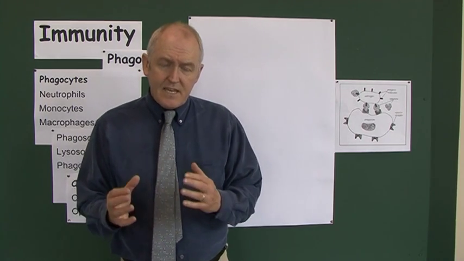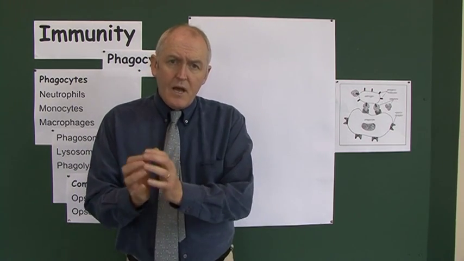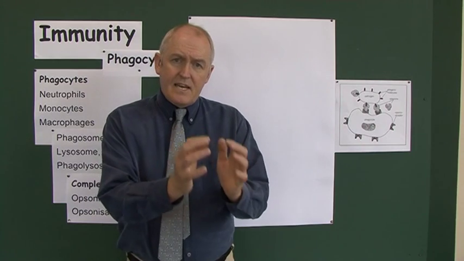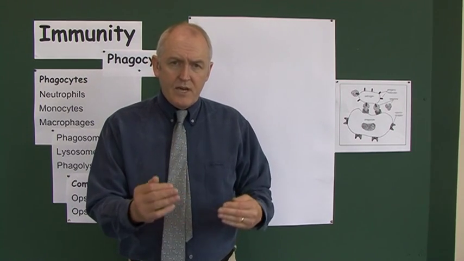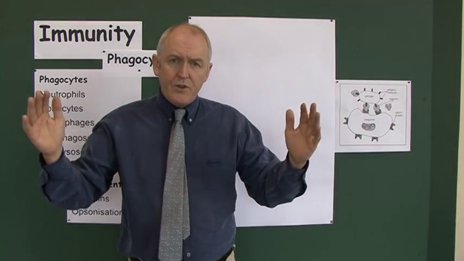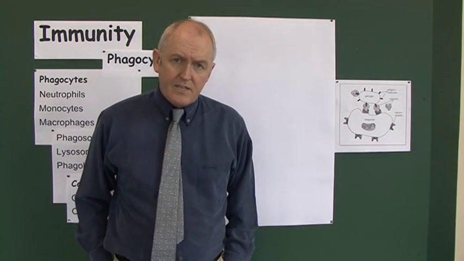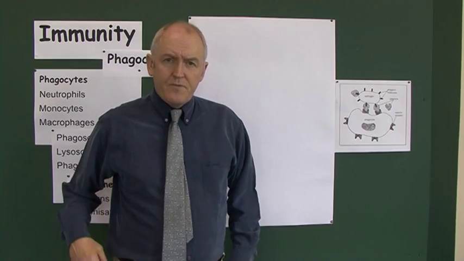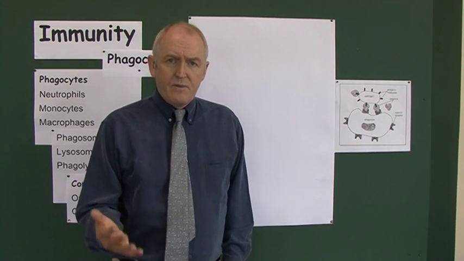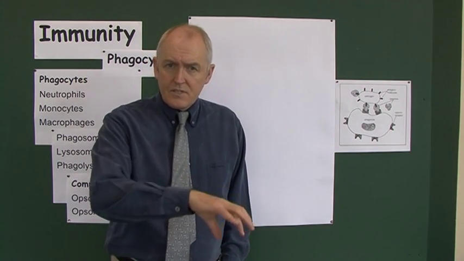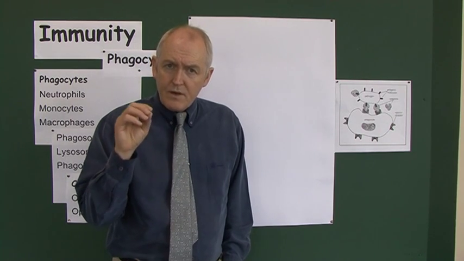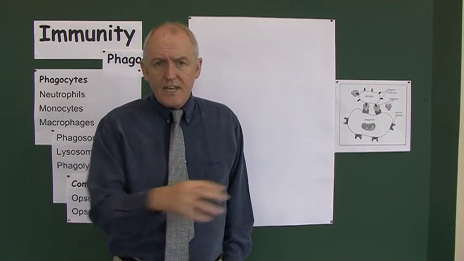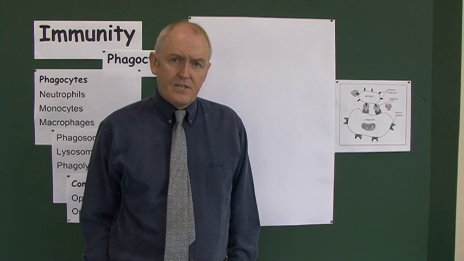After that, it takes a bit longer, but it will still happen, monocytes will migrate into that area, and the monocytes in the blood will start eating bacteria, and they become really big, huge cells called macrophages. So the neutrophils migrate from the blood into the tissues and start eating, and the monocytes do too, but when the monocytes move into the tissues, they change their name and become macrophages.